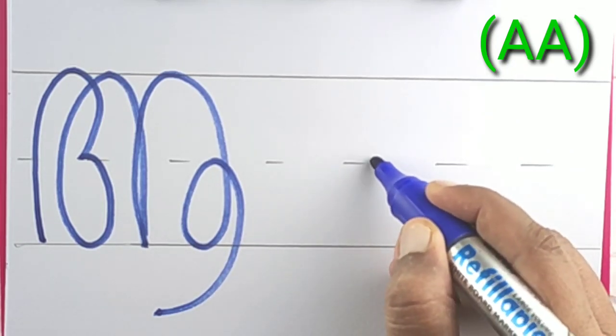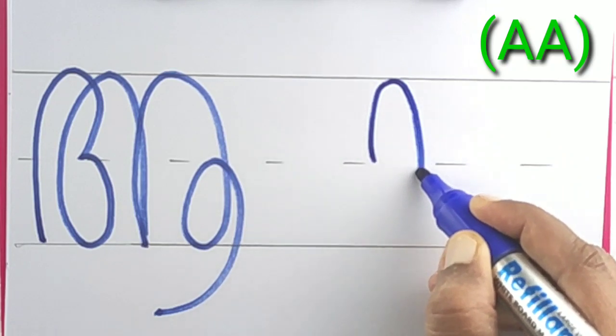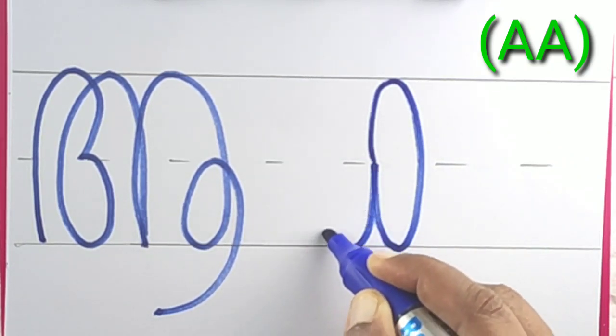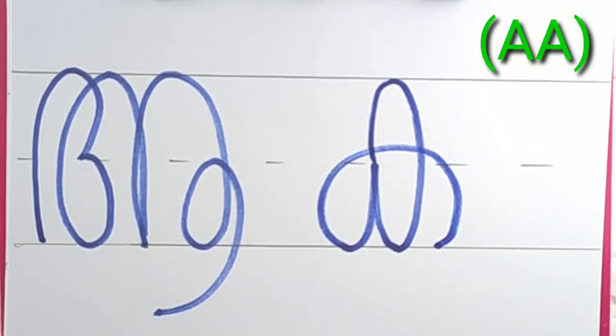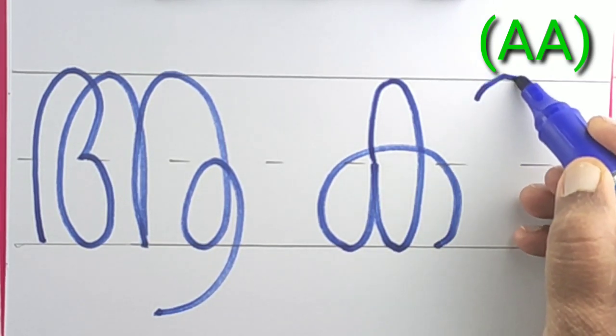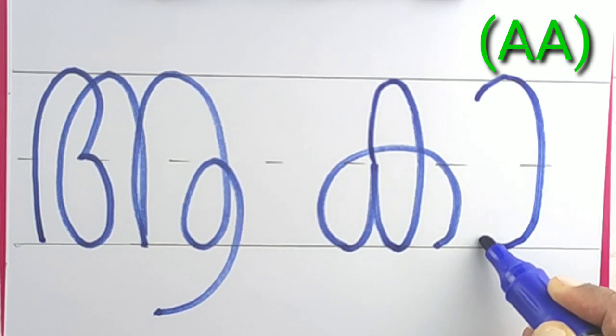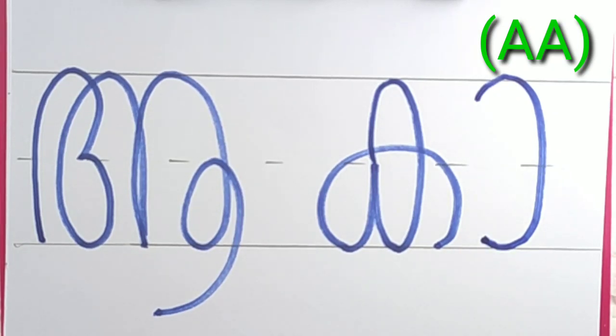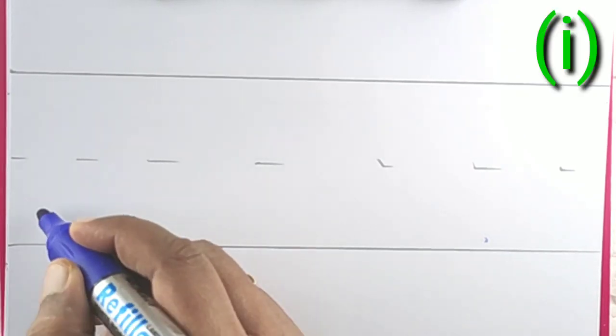So we'll write Ka first. Ka. And if you want to make this one Ka, we have to write like this here. So that is Ka.